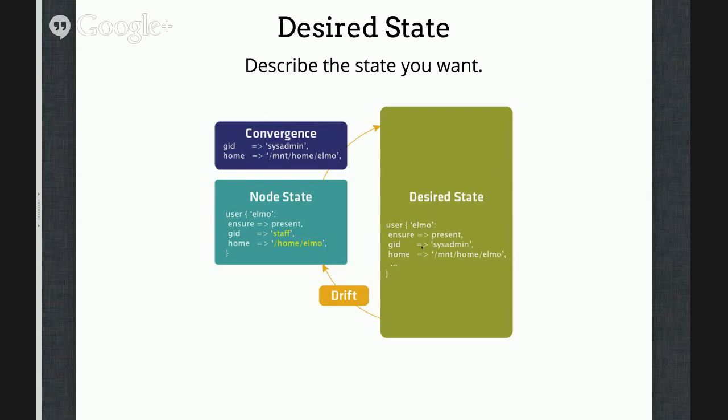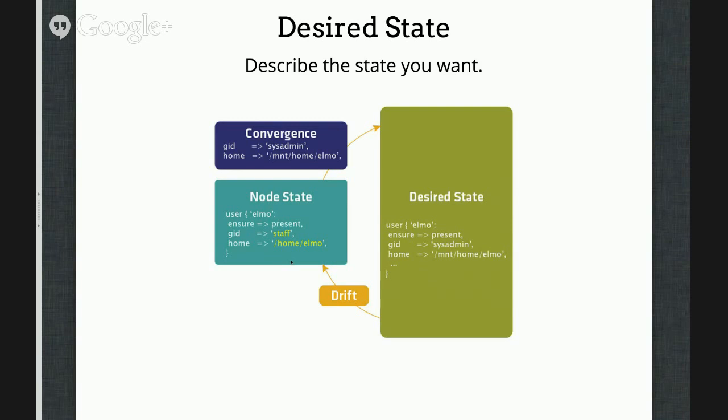So we can see over here the group ID should be sysadmin, and the home directory is mount home Elmo. Now we know that this is not correct. We've seen that this has been changed. So a sysadmin person has come on board or whatever, very trigger happy, logged on to production.